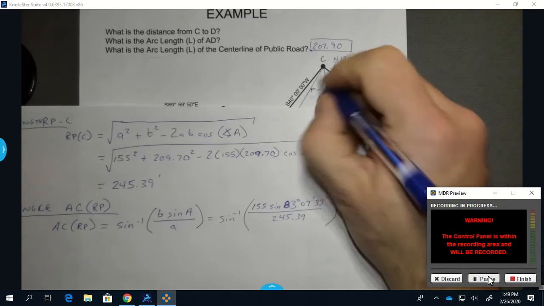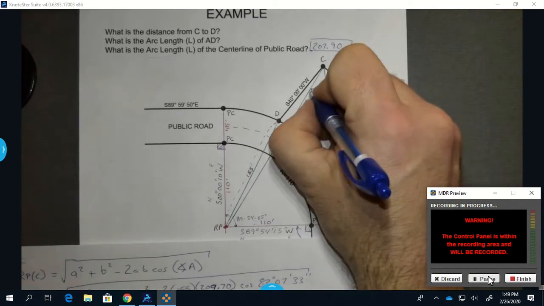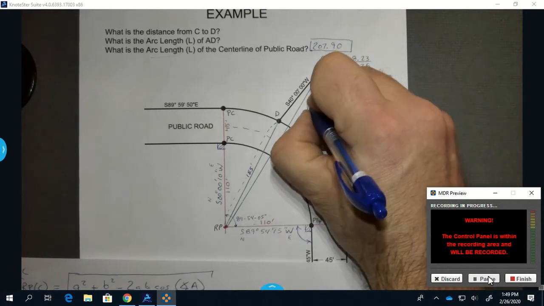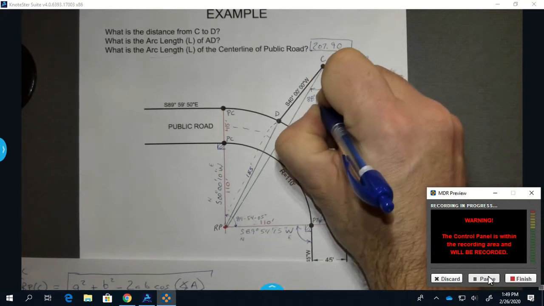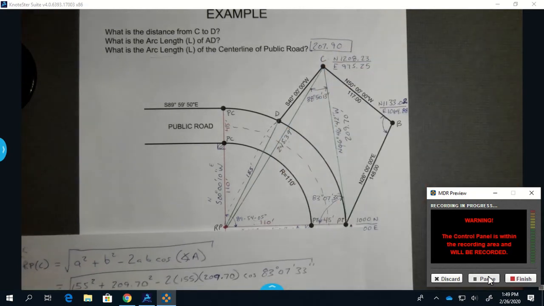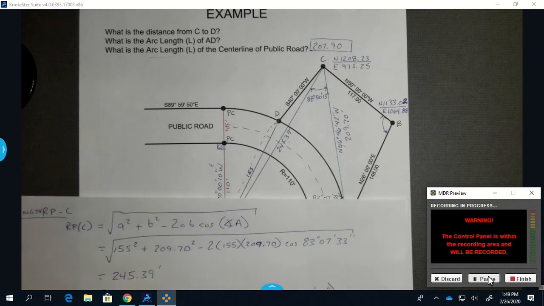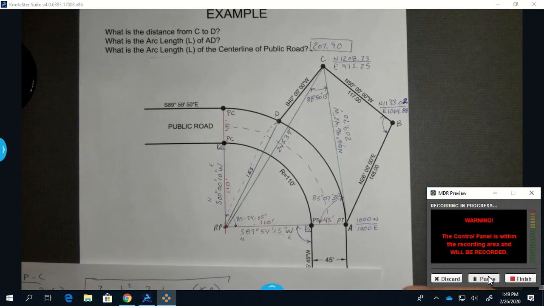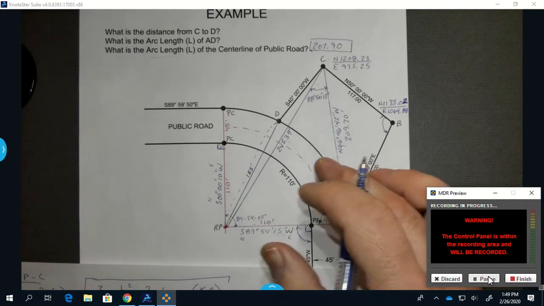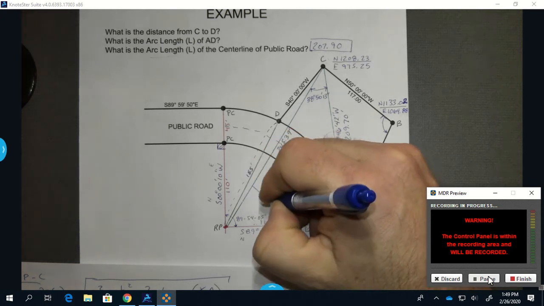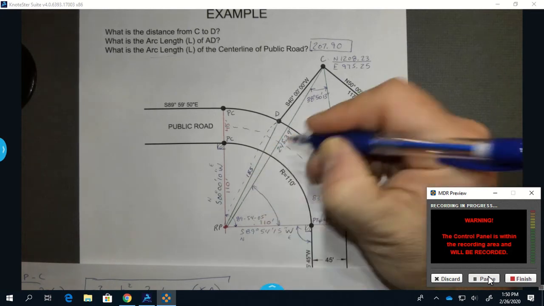So this angle right here, ACRP, is 38 degrees, 50 minutes, 13 seconds. That's our angle there. All right. So we pretty much solved almost this whole triangle now. It's going to help us as we move forward. The next thing I want to find is the last part of this triangle, which is this angle. And that's a simple one.